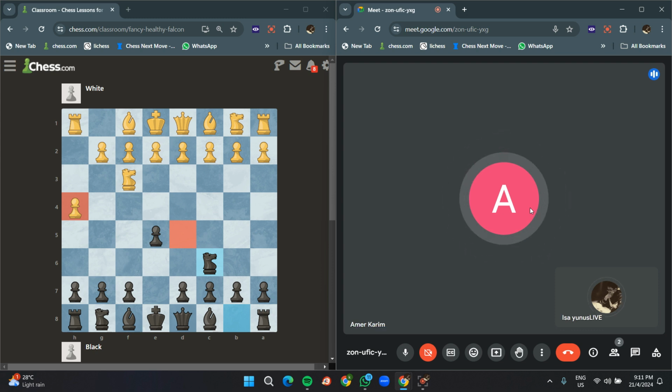You should store your energy, play as quickly as possible, and try to bring your opponent into time pressure. In time pressure, don't give your opponent a clear position. Even if you are taking some material, if your opponent gains a comfortable position or counter chances, don't do that.